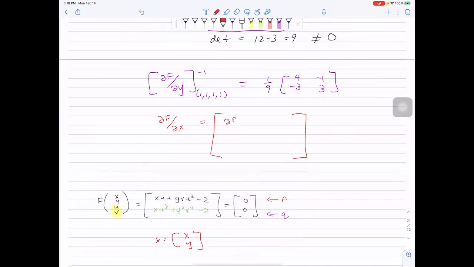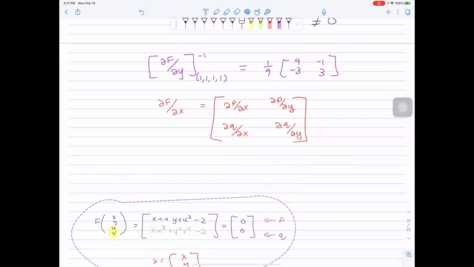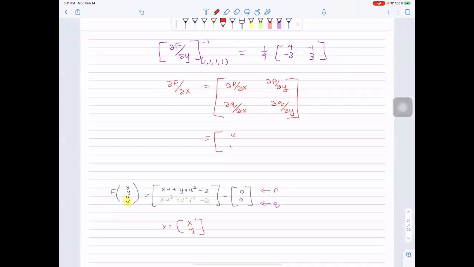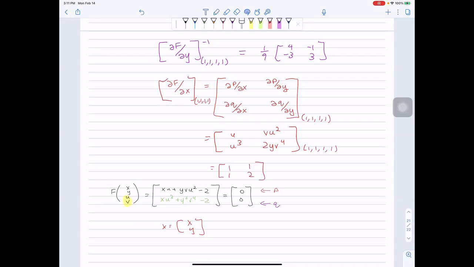Specifically, it should be our first output with respect to our two inputs, and our second output with respect to our other inputs again. You can evaluate that and you get u cubed, vu squared, 2yv to the fourth. And remember, we're evaluating this at our point of evaluation, 1, 1, 1, 1, which gives you this red matrix here.